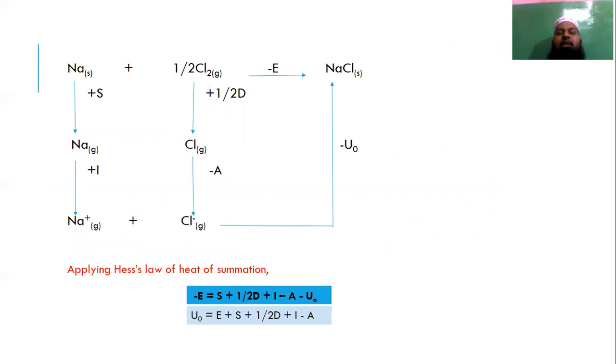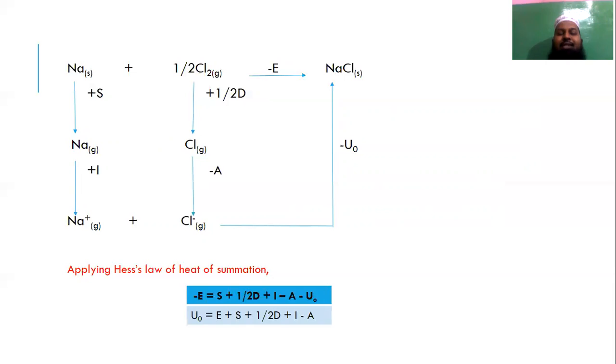This representation clearly shows how the metal reacts with the halogen to form sodium chloride in the following steps.